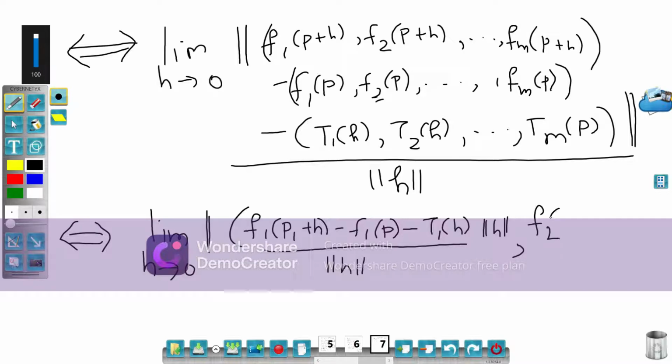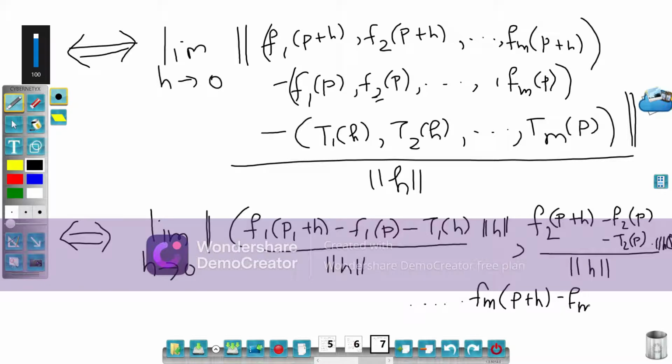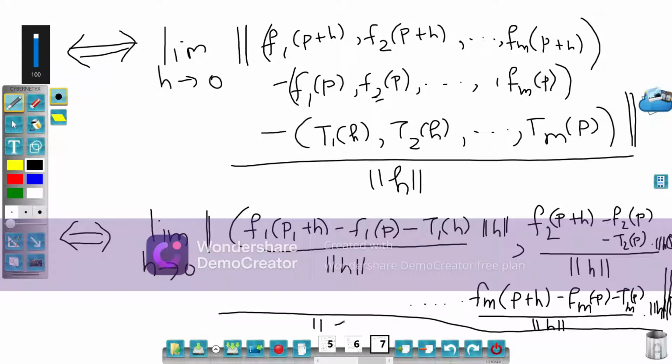The second term will be f2 at p plus h minus f2 at p minus t2 at p, upon norm h, and for the mth term, we will multiply by norm h: fm at p plus h minus fm at p minus tm at p, upon norm h, into norm h, and this whole norm will get completed here, divided by norm h.